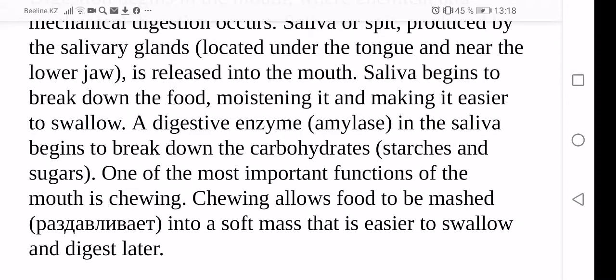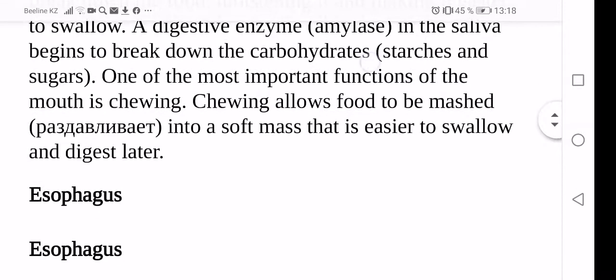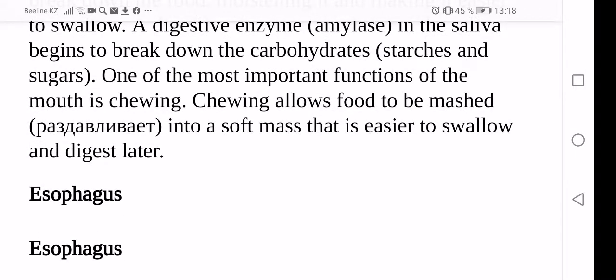A digestive enzyme, amylase, in the saliva begins to break down the carbohydrates, starches, and sugars. One of the most important functions of the mouth is chewing. Chewing allows food to be mashed into a soft mass that is easier to swallow and digest later.